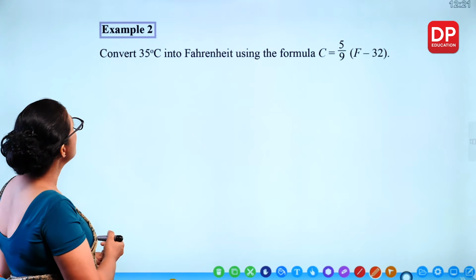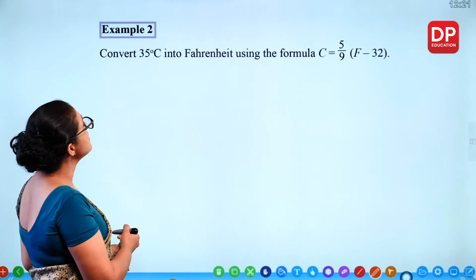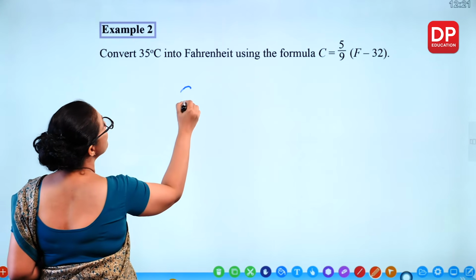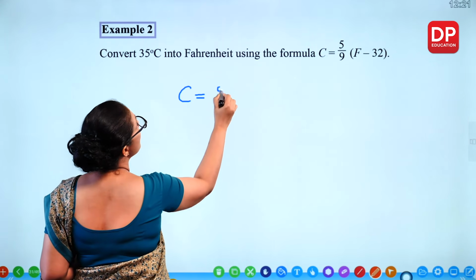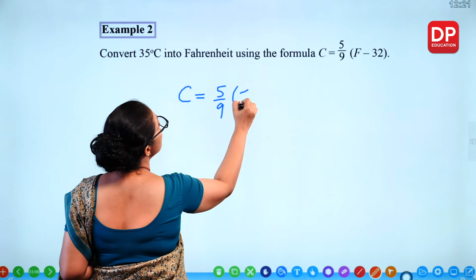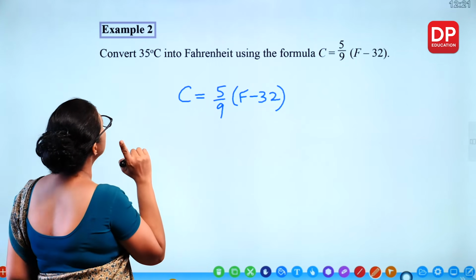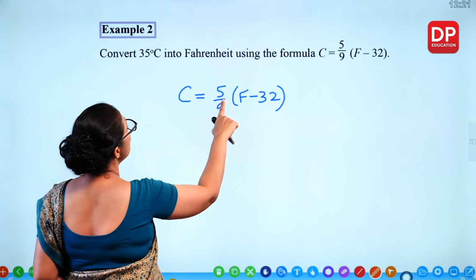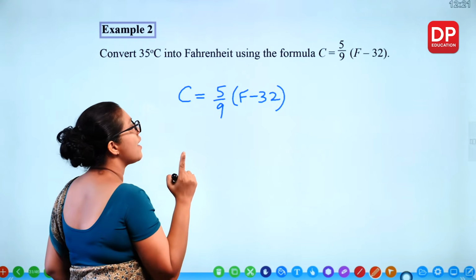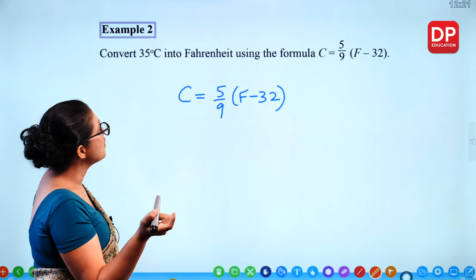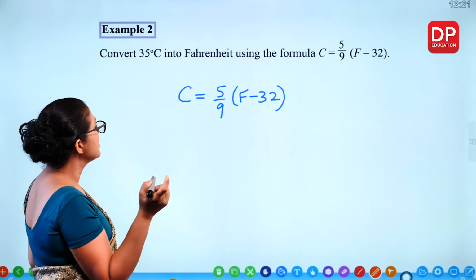Example number 2, convert 35 Celsius into Fahrenheit using the formula. C equals 5 over 9 F minus 32. Here you need the Fahrenheit value. So you can either make F as the subject of the formula and substitute the values. We'll do that.